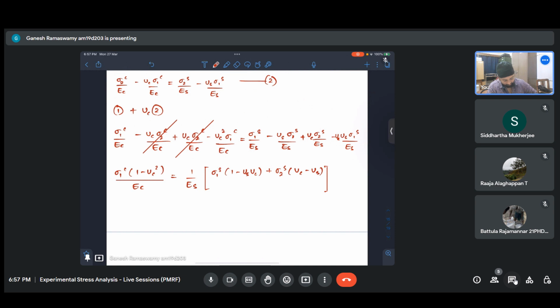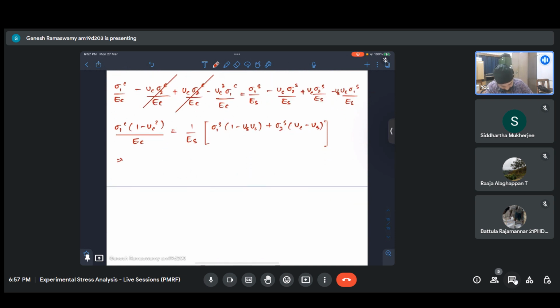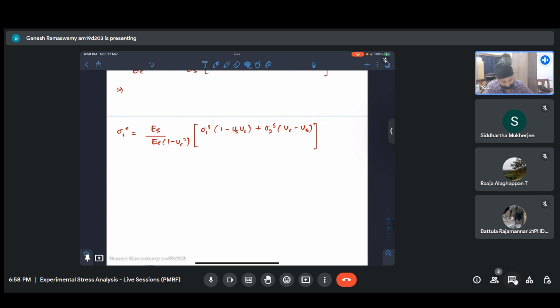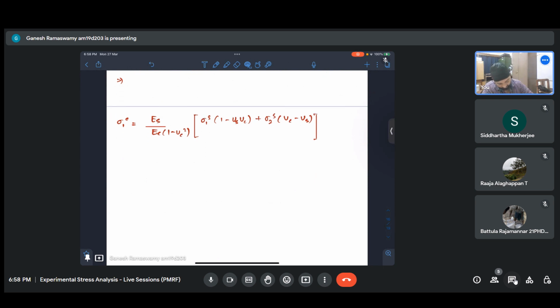Okay, so this gives us the expression sigma 1c is nothing but Es upon Ec into 1 minus mu c whole square into this expression. So we have got sigma 1c in terms of sigma 1s and sigma 2s. So this is one of the equations.